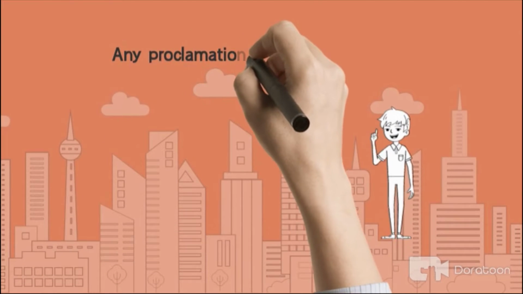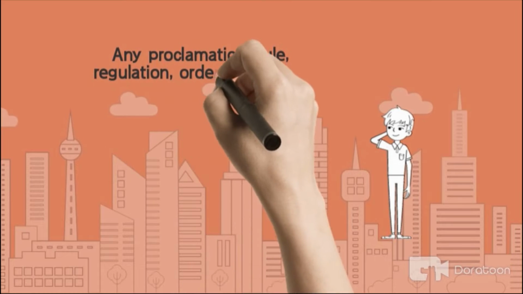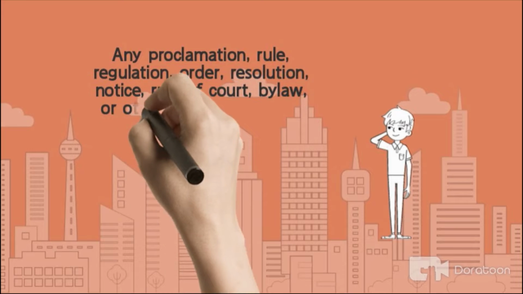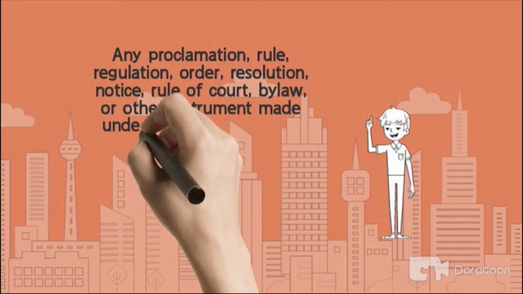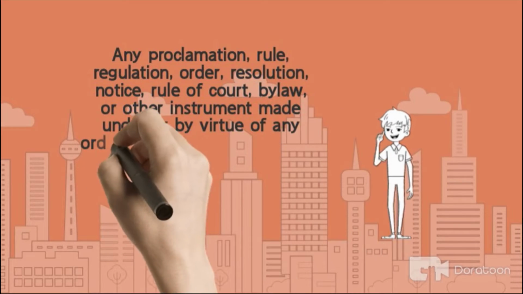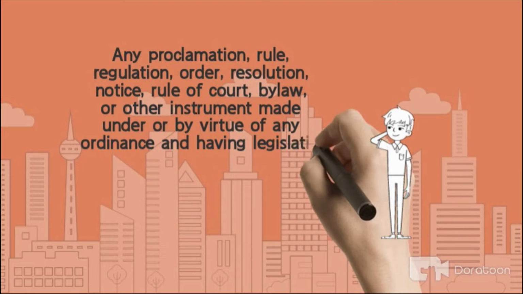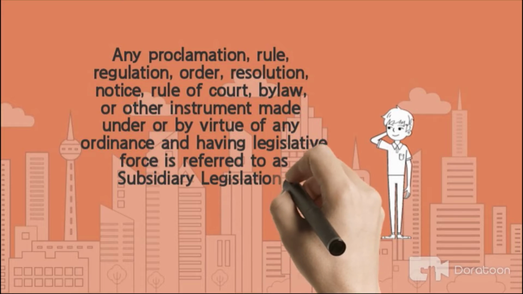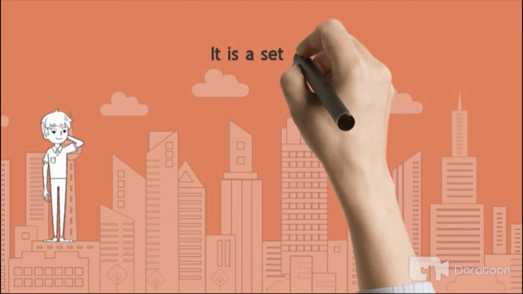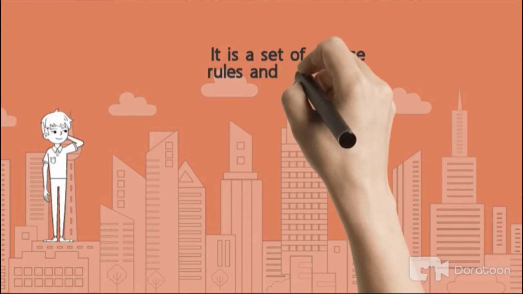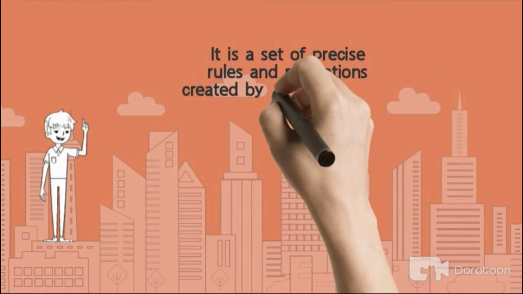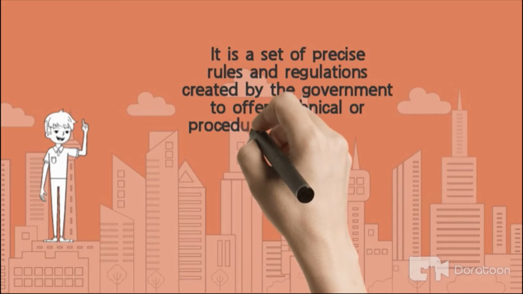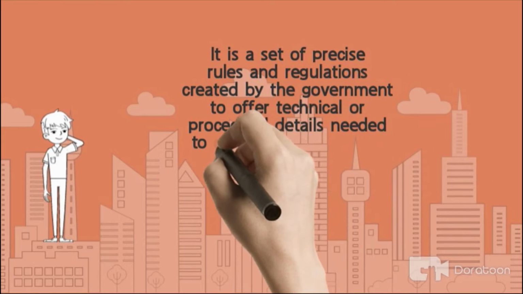Subsidiary legislation is any proclamation, rule, regulation, order, resolution, notice, rule of court, by-law, or other instrument made under or by virtue of any ordinance and having legislative force. It is a set of precise rules and regulations created by the government to offer technical or procedural details needed to carry out an ordinance.